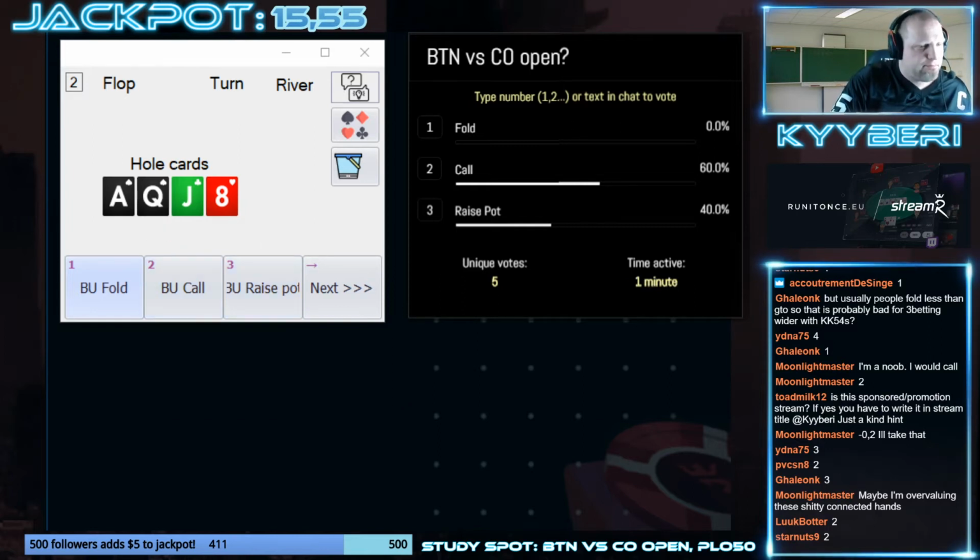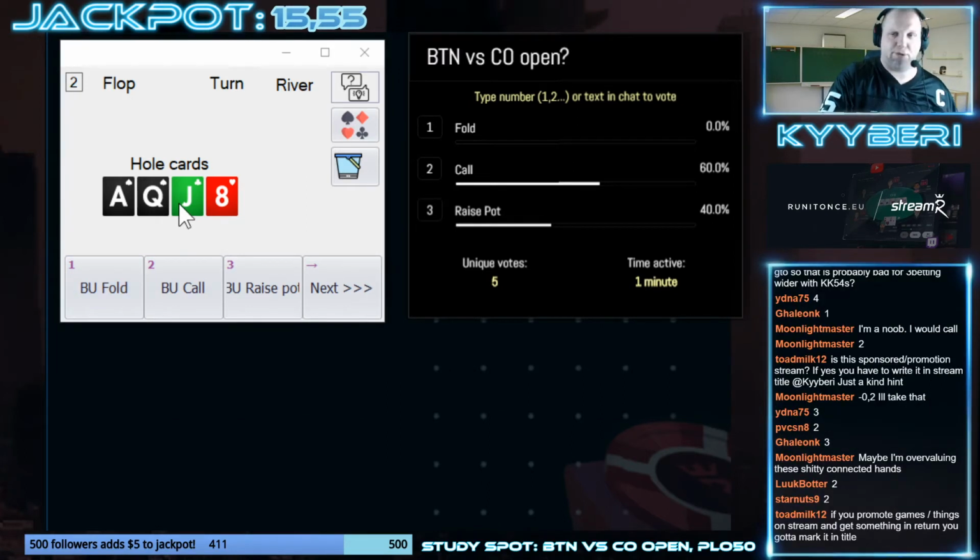Call or 3-bet. I mean, we would 3-bet ace 10, 9, 8. In a sense, ace queen jack 8 is a better hand, but is it the 3-bet hand? That's where I fall from solver's thinking. Is this hand blocking queens and jacks, which would fold to a 3-bet, and therefore it's a bad 3-bet, or what's the reason?